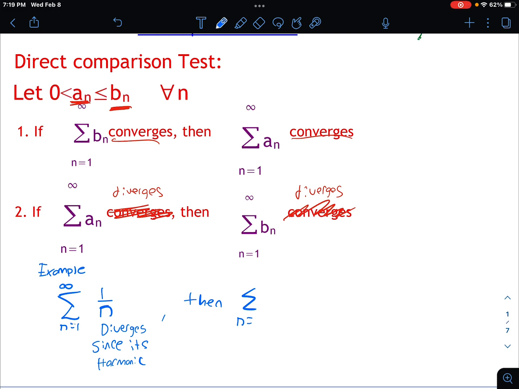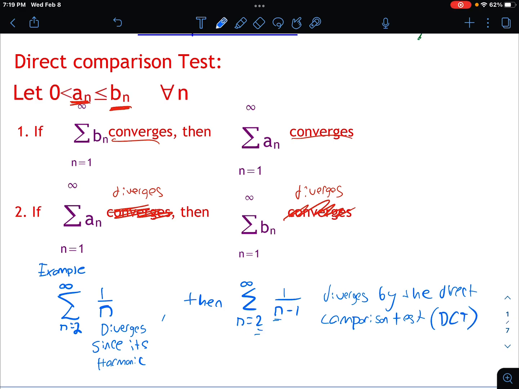Oh, because in the next one I'm going to use 1 over n minus 1. The series of 1 over n minus 1 from n equals 2 to infinity, the reason I put a 2 here is because of that, must also diverge by the direct comparison test, the DCT.